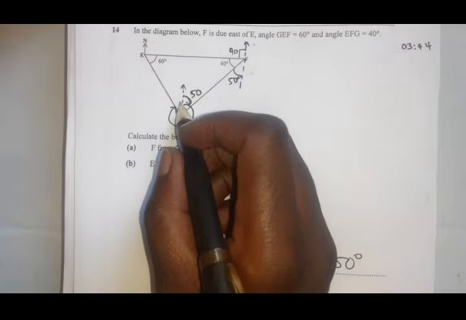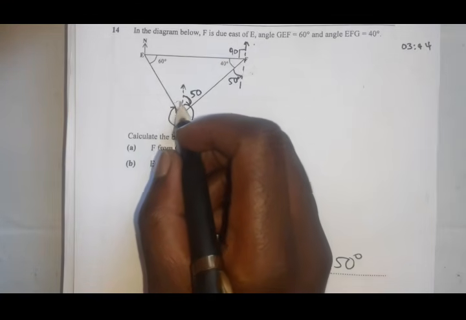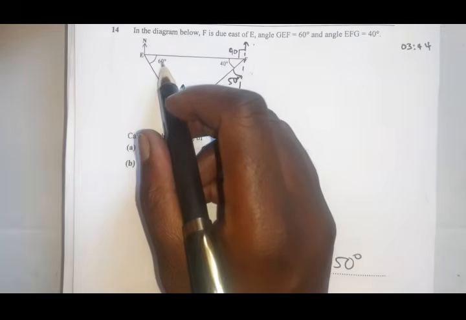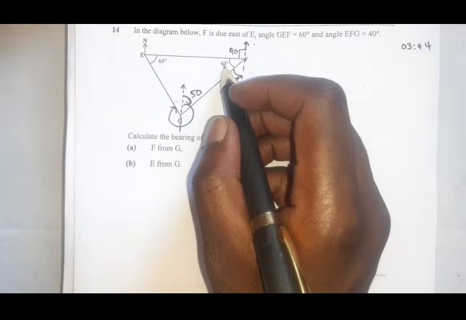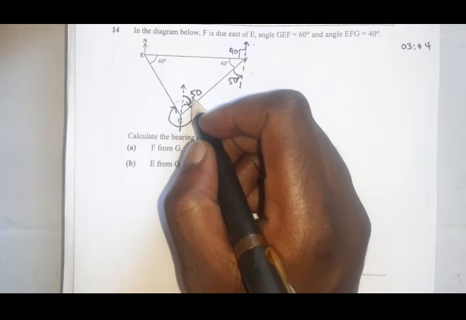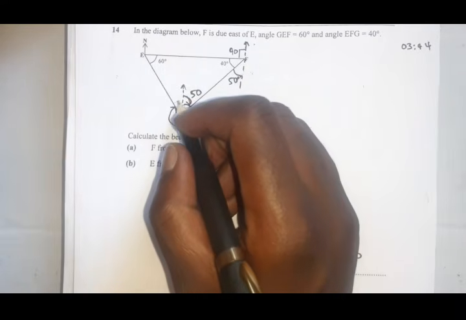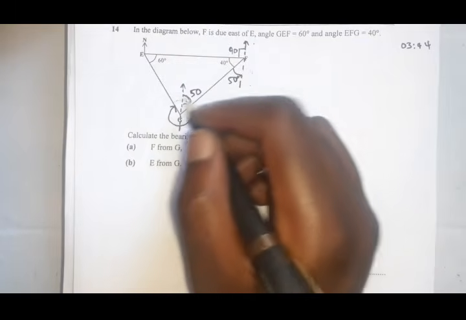So the best that we can do here to simplify our work is to find this angle here. Okay? And how do we find this angle? We can easily find this angle. You add 60 plus 40 plus 50. You're going to get 150. Then you subtract from 180 because these three angles must give you 180.